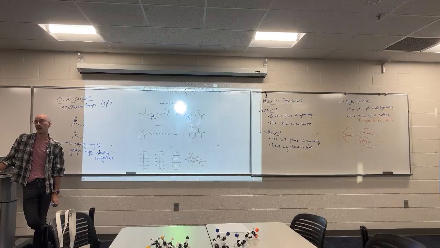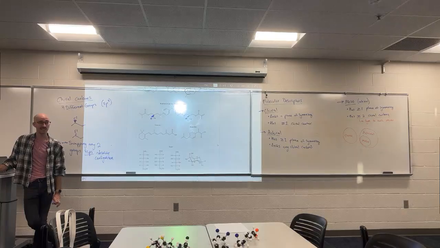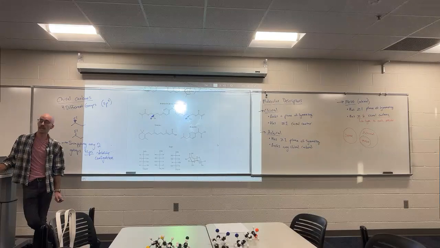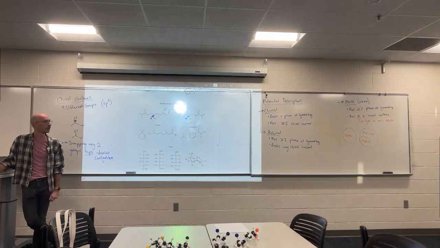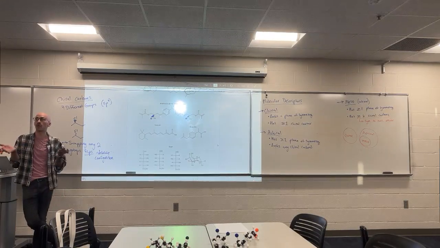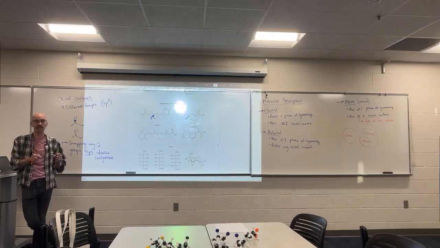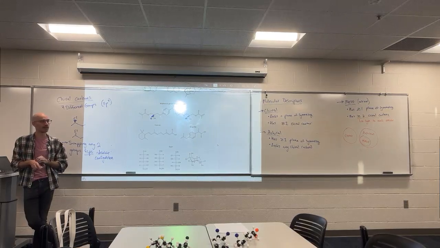Because why? Chiral compounds lack symmetry. Meso compounds have symmetry. Chiral compounds have at least one chiral center, true. But meso compounds, their chiral centers are reflected into each other. So despite having chiral centers, they are achiral compounds.